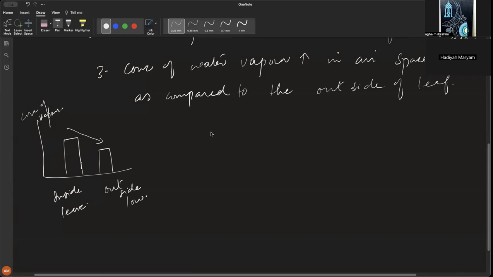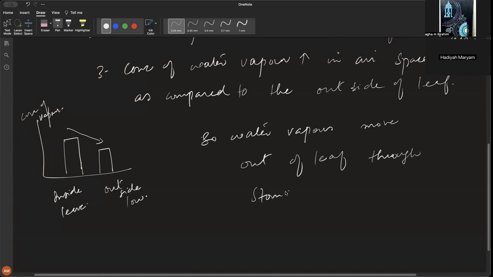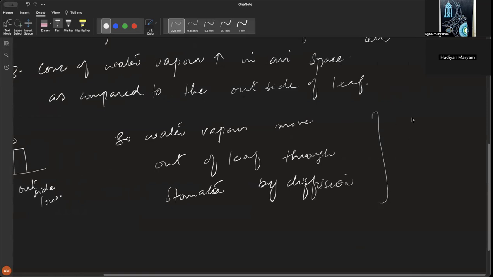So the vapors move out of the leaf through stomata by diffusion. By the process of diffusion, they are going to move outside. And this process is called transpiration.